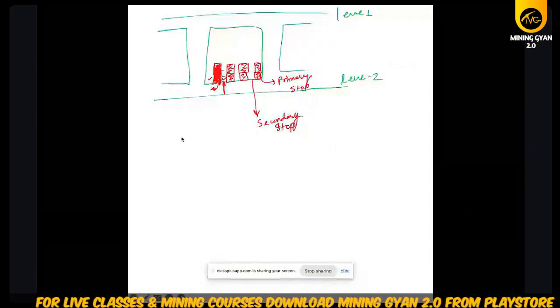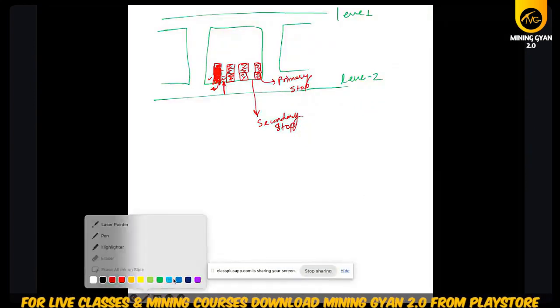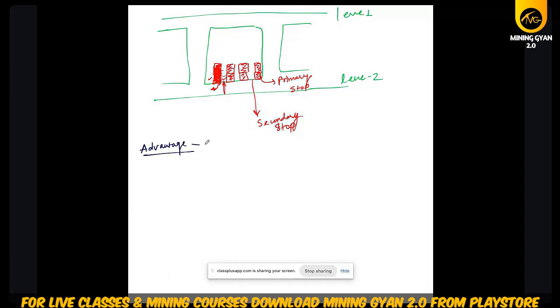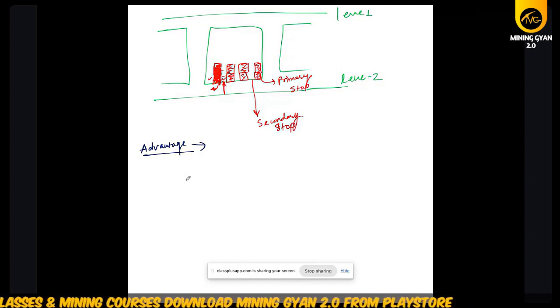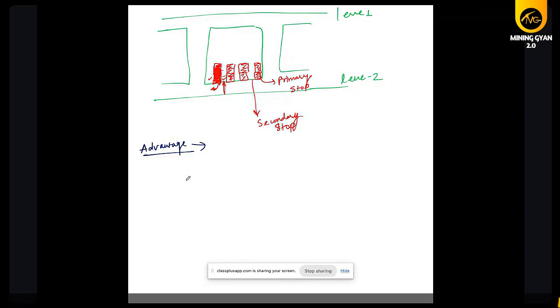So advantages and disadvantages we should discuss. You can also make these advantages and disadvantages if you understand the method, what all can be there. So I am writing a few advantages and disadvantages, and maybe I will not give them for a few methods.